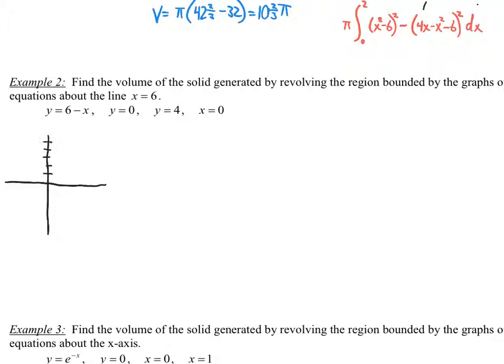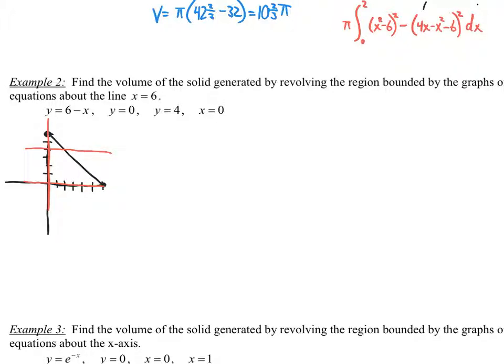So 1, 2, 3, 4, 5, 6. 6 minus x has a slope of -1, so it's going to be here. We have the lines y equals 0, which is our x-axis, y equals 4, which is there, x equals 0, which is here.